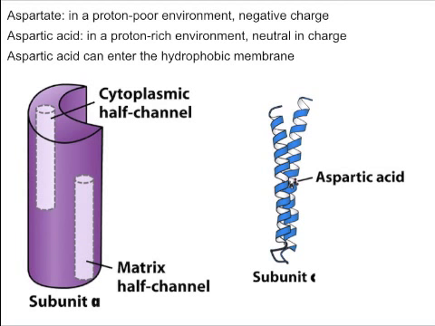Now, aspartic acid is neutral, and so it can enter a hydrophobic membrane quite easily, whereas the aspartate cannot. The presence of aspartate in the C unit, rather than aspartic acid, will prevent the ring's rotation. However, once aspartate is protonated to form aspartic acid, the C subunit can freely rotate.